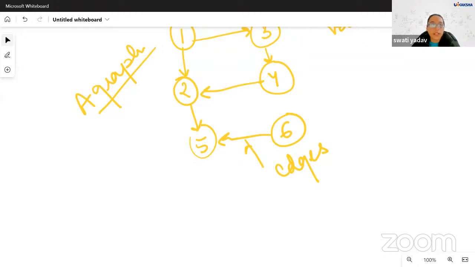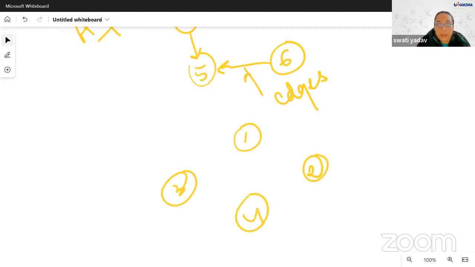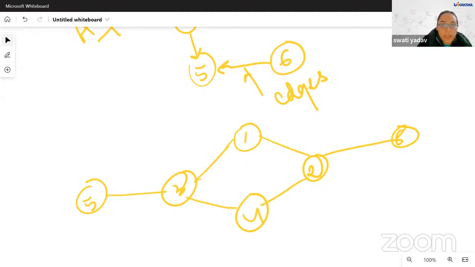There are different kinds of graphs that you can make. You can have another kind of graph. So if there are nodes and edges connecting them, that is a graph. Let's say 4, 6, 5. These could be directed, these could be undirected. Undirected means you're not specifying any direction to the edges, okay?